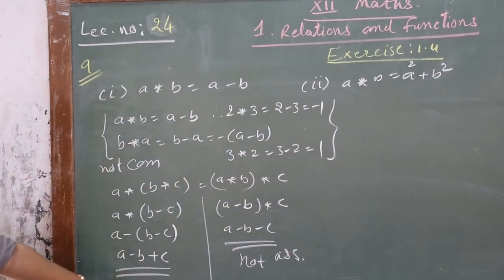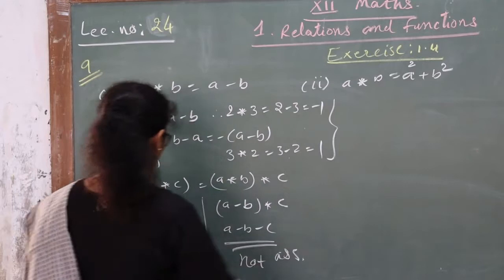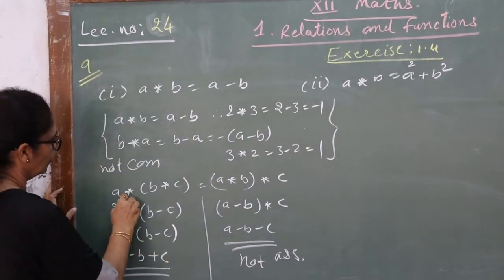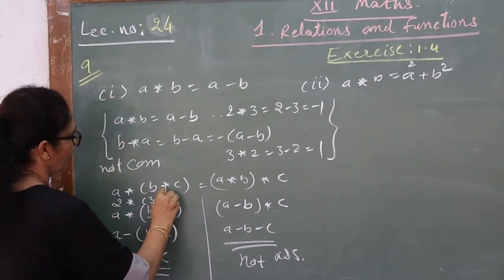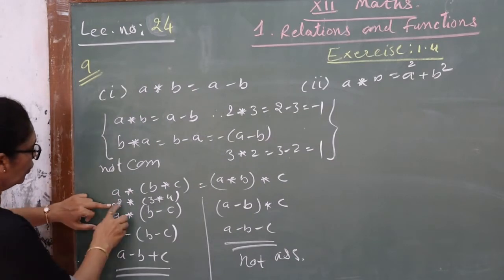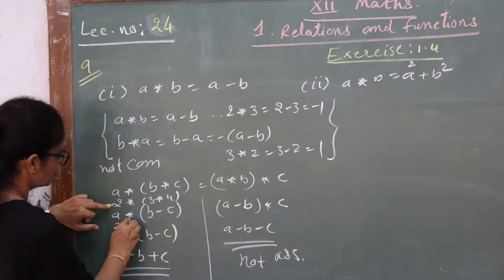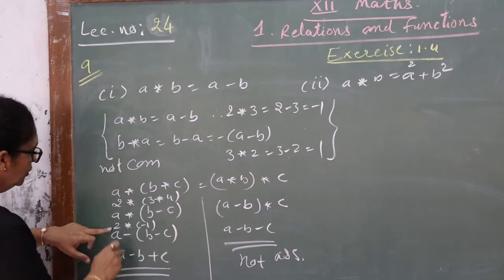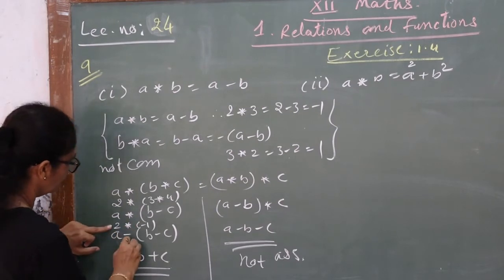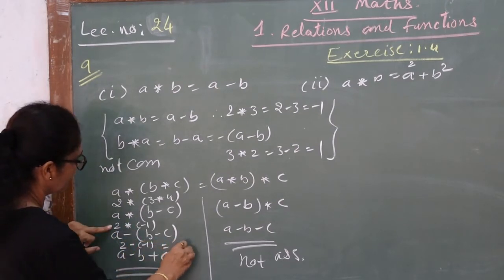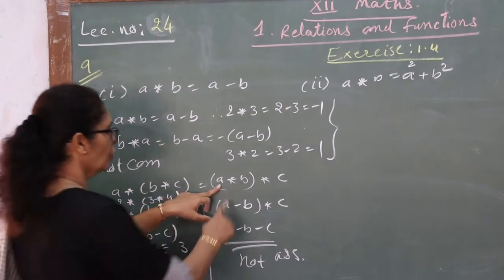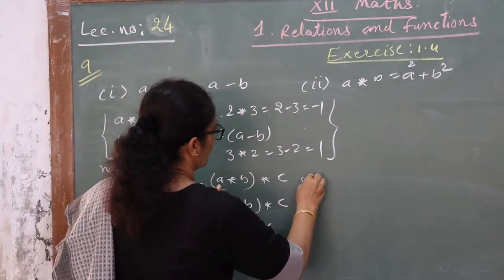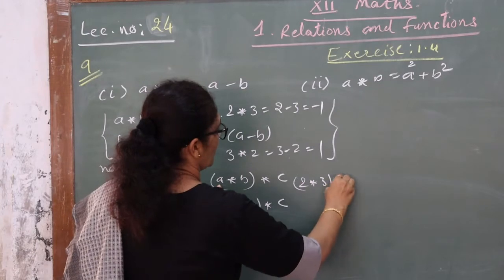Okay, if you don't want to write it this way, then you can choose numbers. Let's take 2, 3 and 4. What is it? 2 asterisk, 3 minus 4. So 2 and minus 1. 2 minus minus 1 means here we are getting 3. Same way 2 and 3, 2 asterisk 3 asterisk 4.